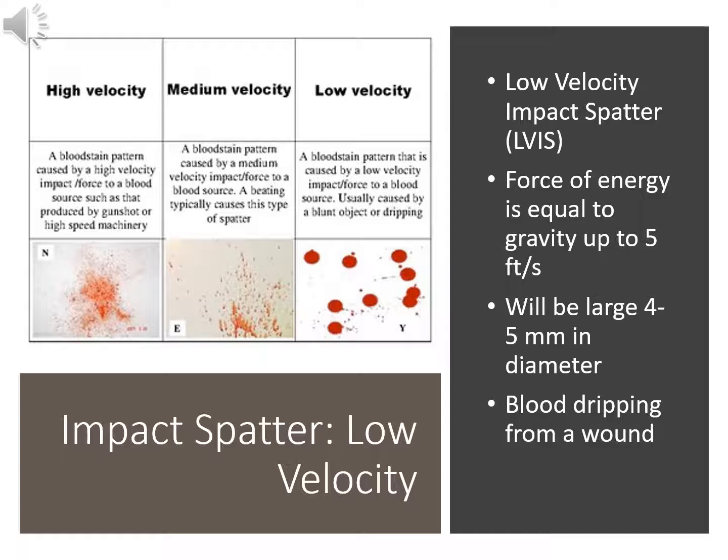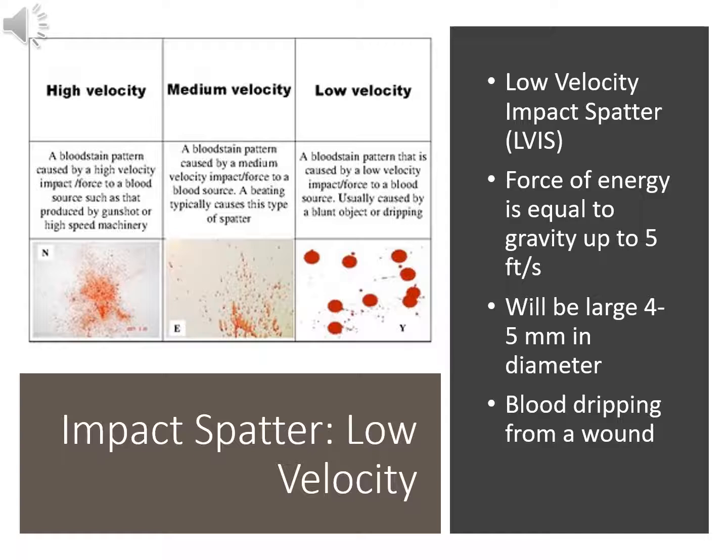Looking at the low velocity impact spatter, we've got a force of energy equal to gravity up to 5 feet per second. And because it's moving in such a relatively slow fashion, we're going to expect large diameter drops, so about 4 to 5 millimeter diameter drops.